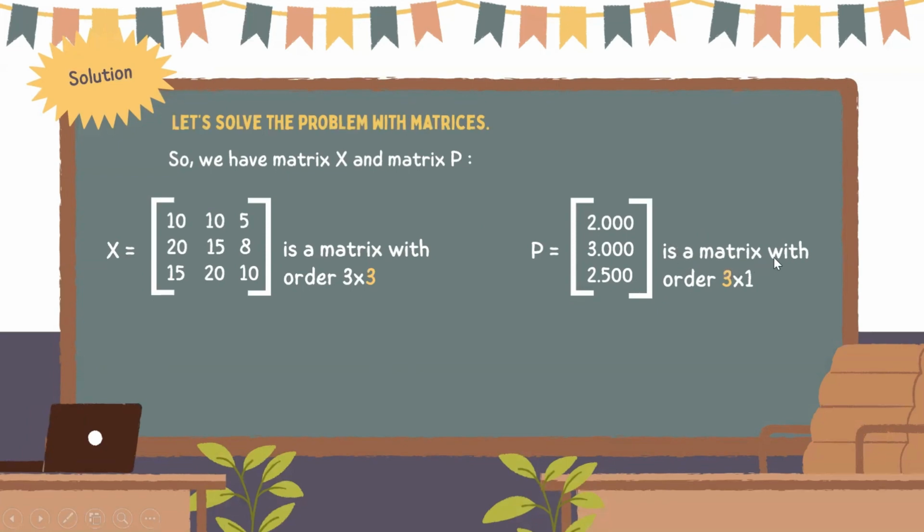Matrix P is a matrix with order 3 times 1. Okay, so the number of columns of matrix X equals the number of rows of matrix P. So we can multiply matrix X by matrix P to get Mrs. Annie's daily income from each canteen.